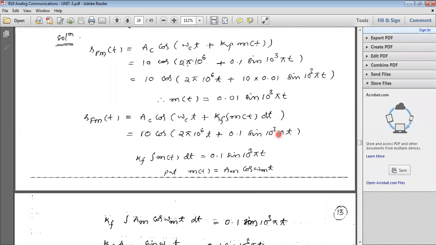By comparing these two equations, the original equation and the signal given in our problem, in place of kf integral m of t we have 0.1 sine 10 power 3 pi t. Take that one, and from that you find m of t.